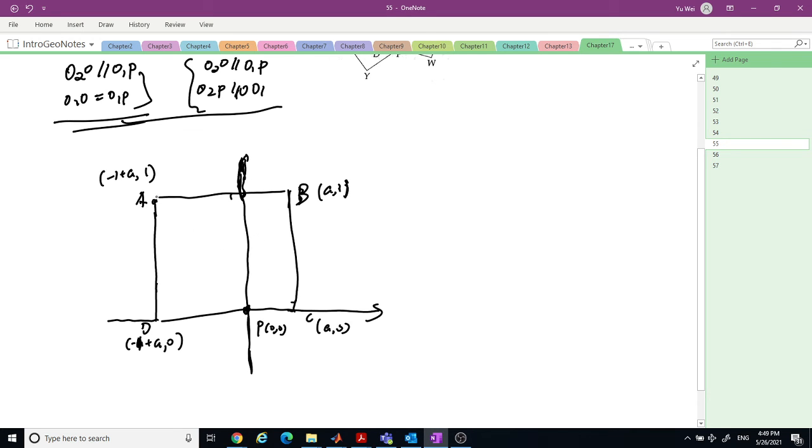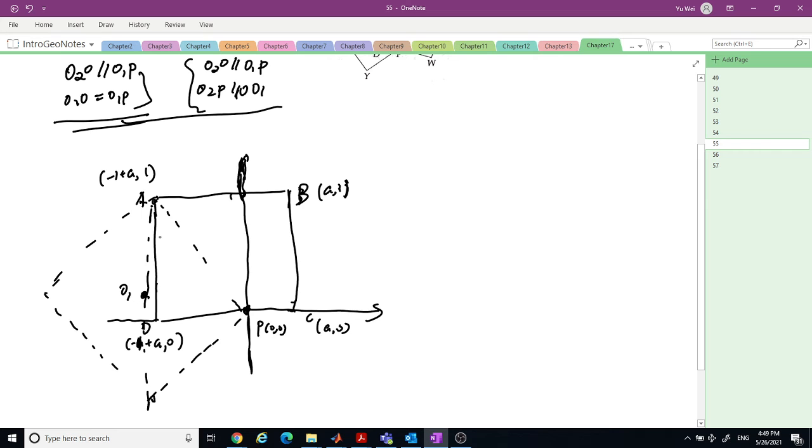So let's see the erected squares. The erected means this one will be the square, right? So if you connect this one, this is O1.